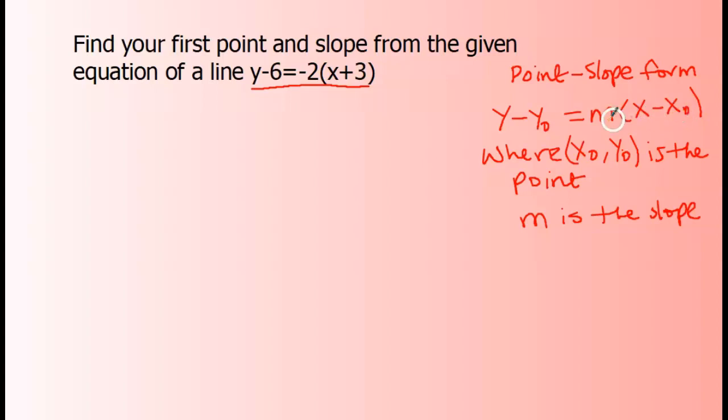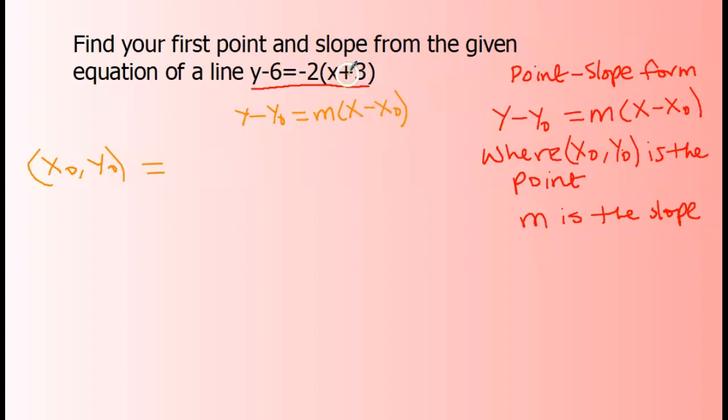As we compare this given equation to what we have here, y minus y naught equals m times x minus x naught, realize that our first point is right there in the equation. This here is positive, but because the formula has a negative, you have to switch it.